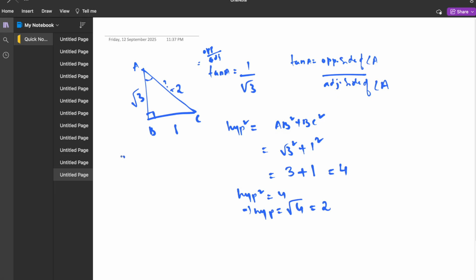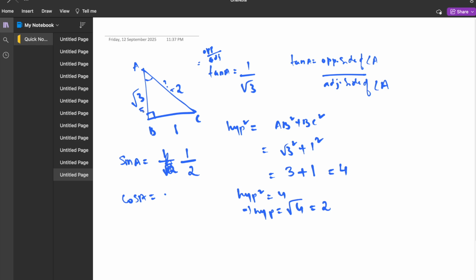From here we can now find sine A. Sine A is opposite side by hypotenuse, just 1 by 2.